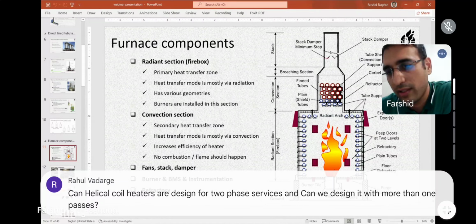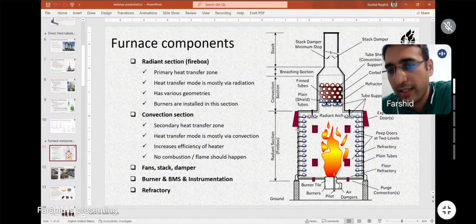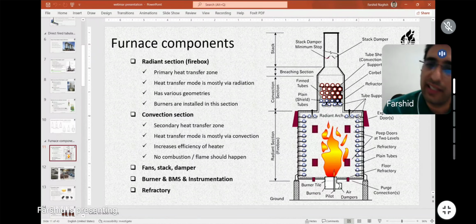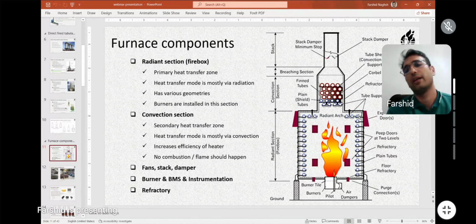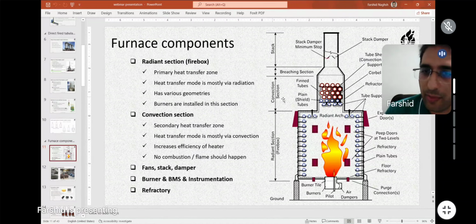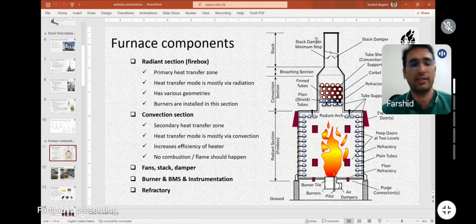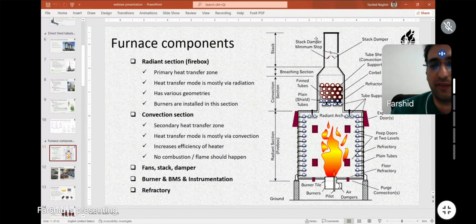The first one, as I am showing here, is the lowest compartment, which is called the radiant section. The second major part is called the convection section. And the third part is the stack, which guides the flue gas outside the furnace.